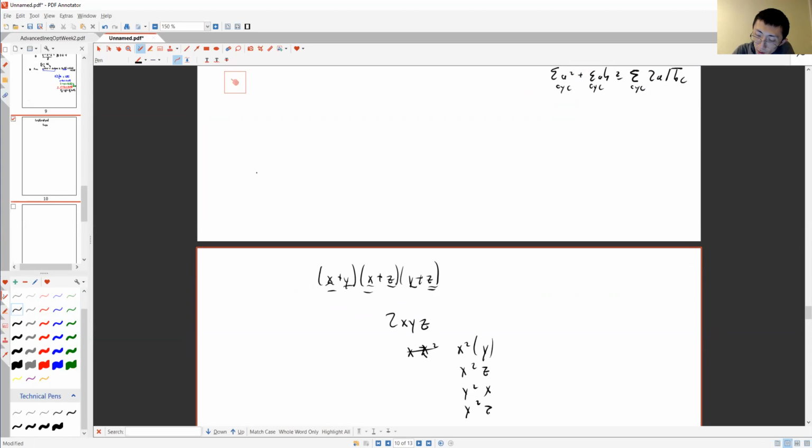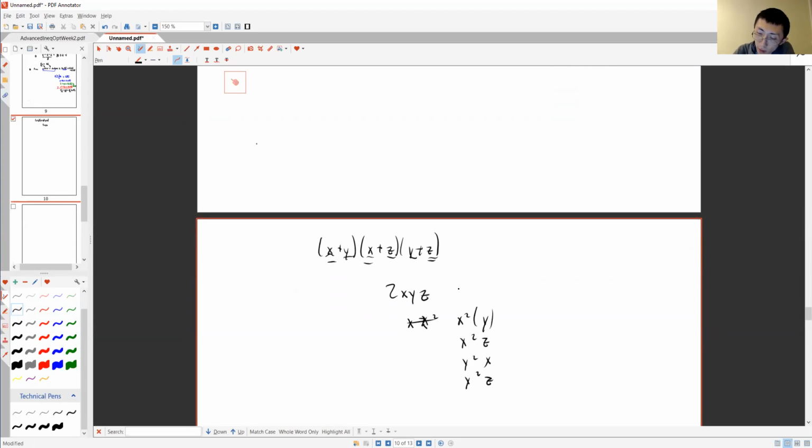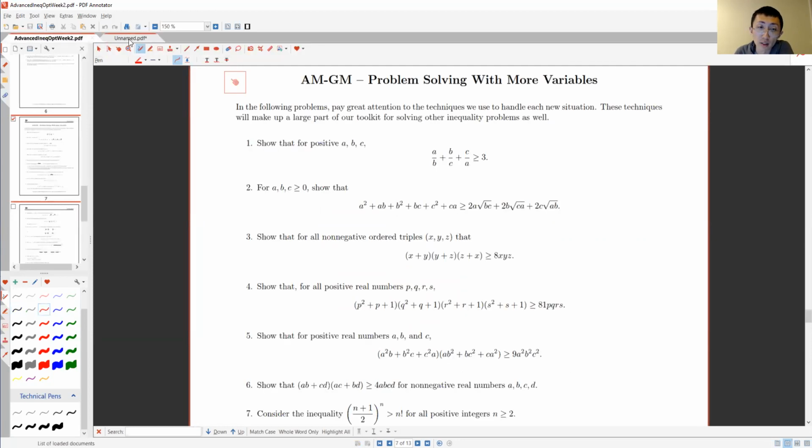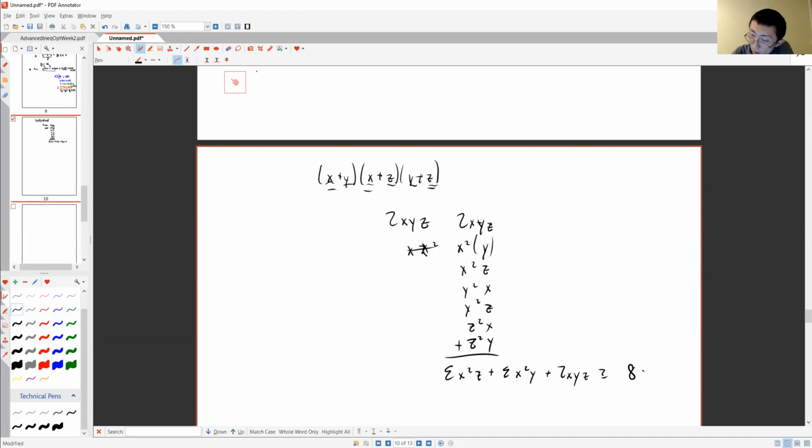We'll have all 6 of these terms added together with 2xyz. So if we were to multiply it out, we would get the sum of all 7 of these terms. So we have the cyclic sum of x squared z plus the cyclic sum of x squared y plus 2xyz is greater than or equal to, what was the thing we were trying to prove again? 8xyz.